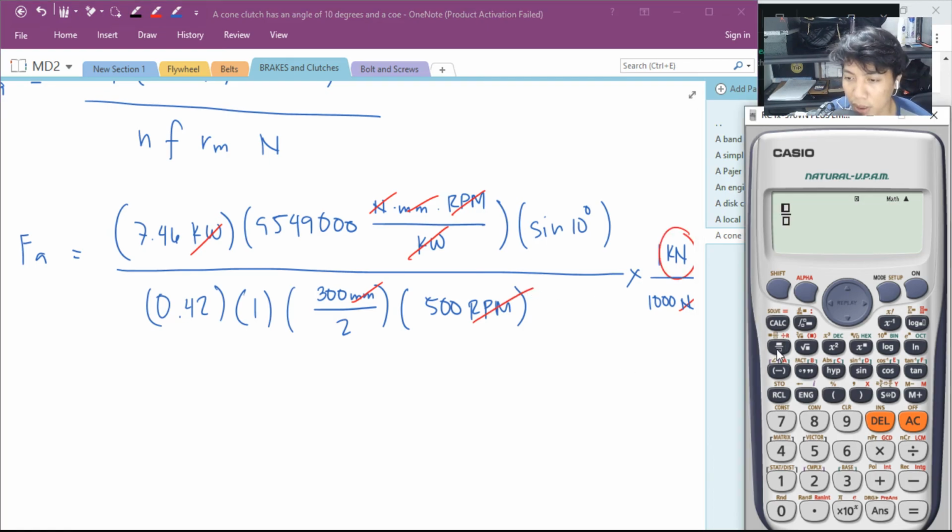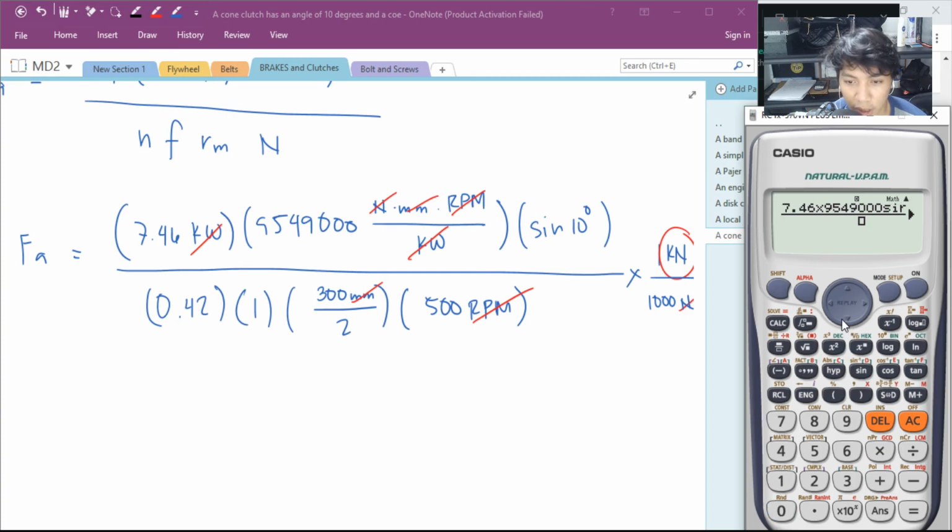So, the answer for the final problem for brakes and clutches will be 7.46 times 9549123 times sine 10 degrees. Okay?